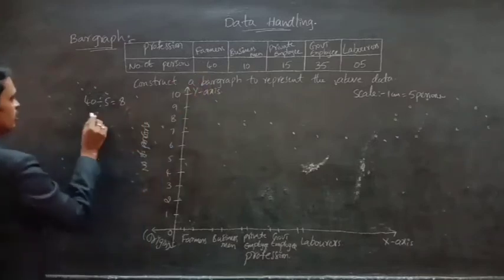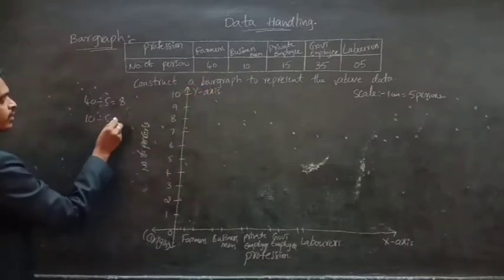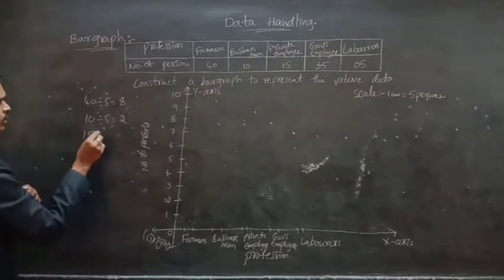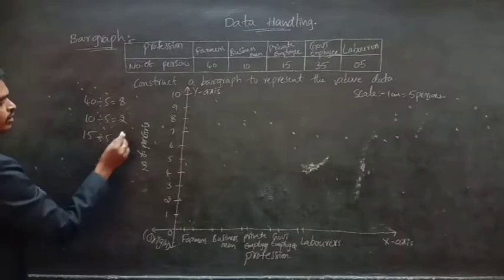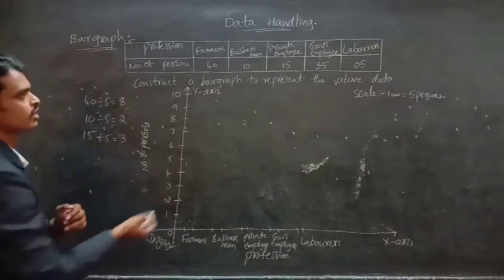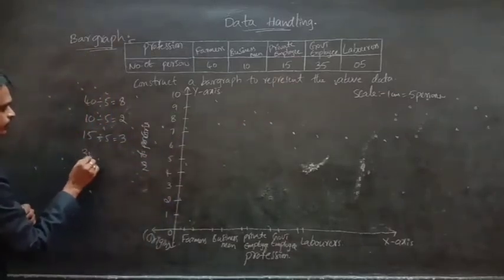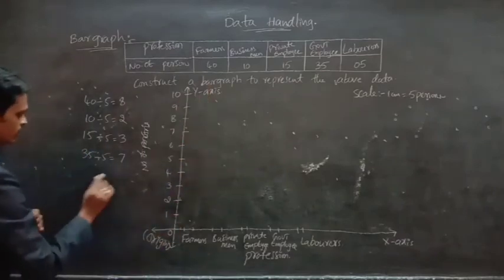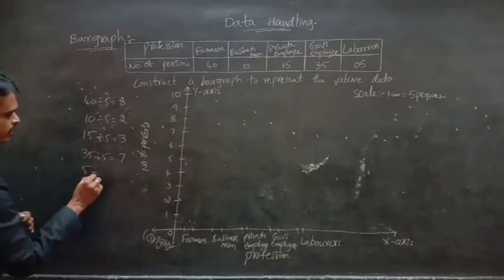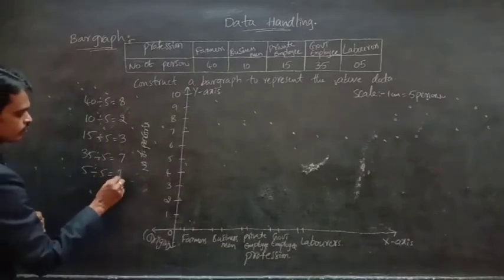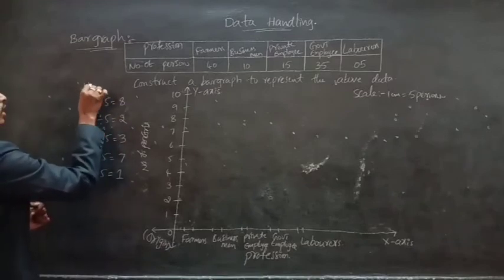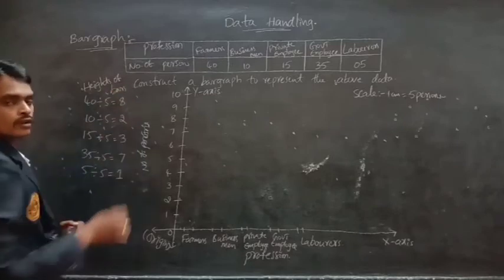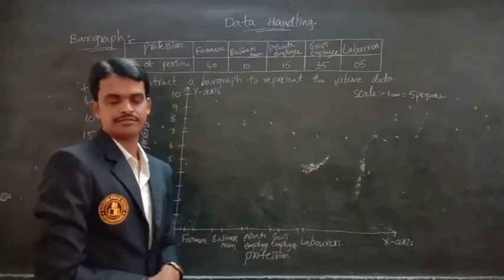Next 10 divided by 5, how many times? 2. Next 15 divided by 5, how many times? 3 times. Next 35 divided by 5 is 7 times. Then 5 divided by 5, how many times? 1 time. So these are the heights of the bars we are representing on the graph.